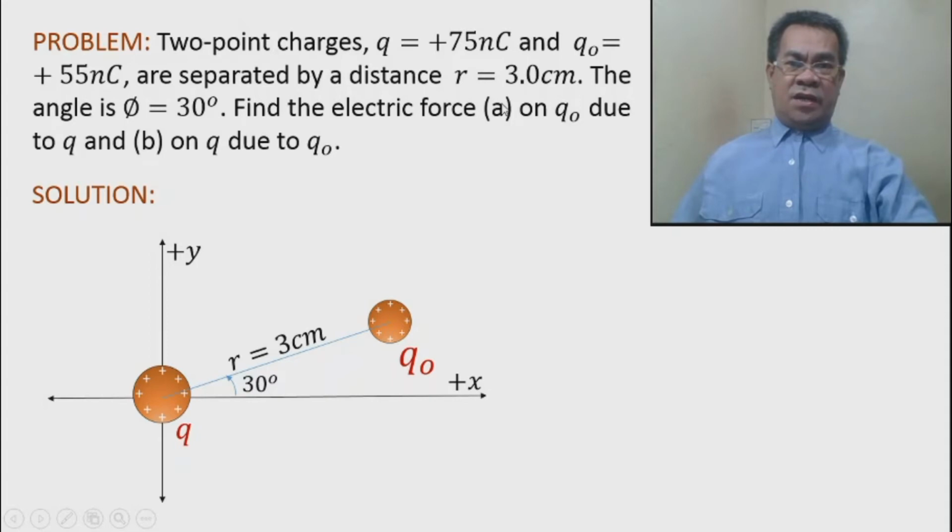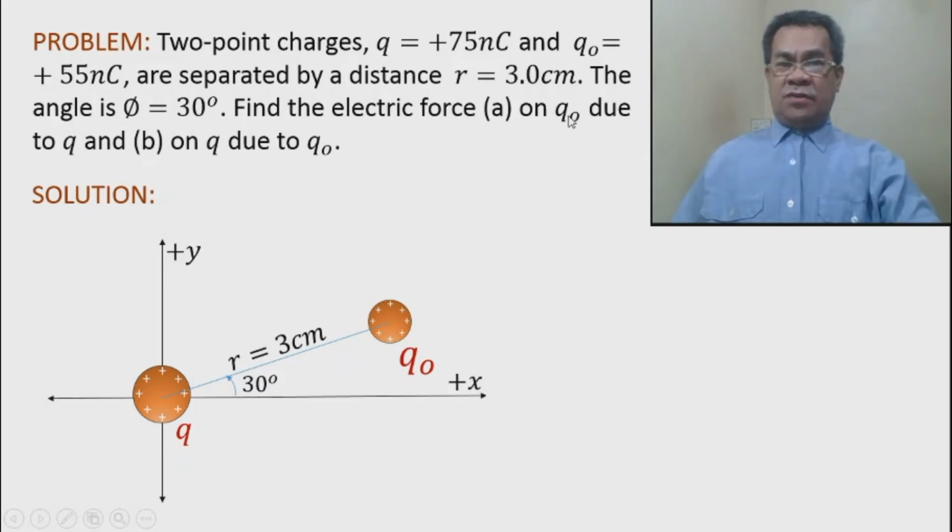And we have A and B. A, force on Q naught due to Q. Okay, we have to reverse this one. This is Q. Change this to Q. First, we will solve the force on the charge at the origin due to Q naught. So reverse this one.